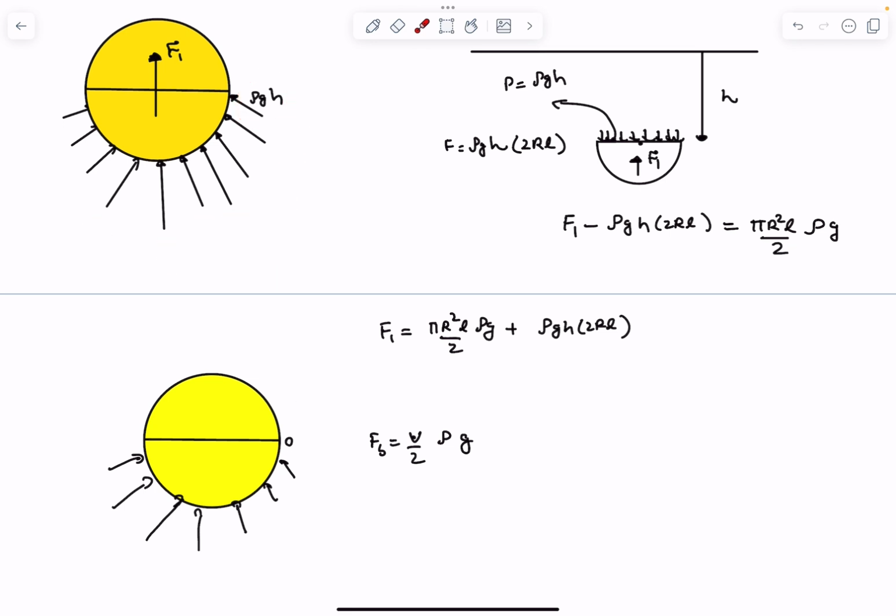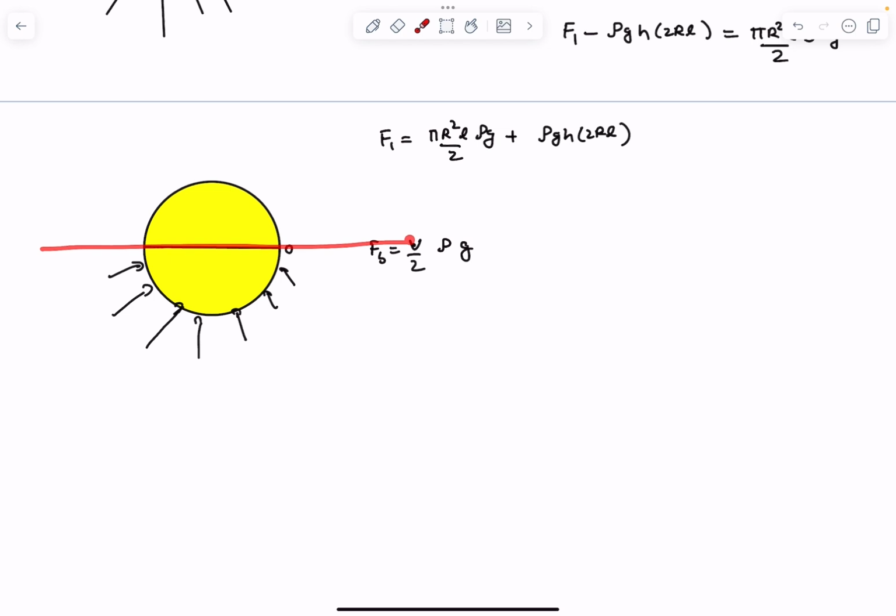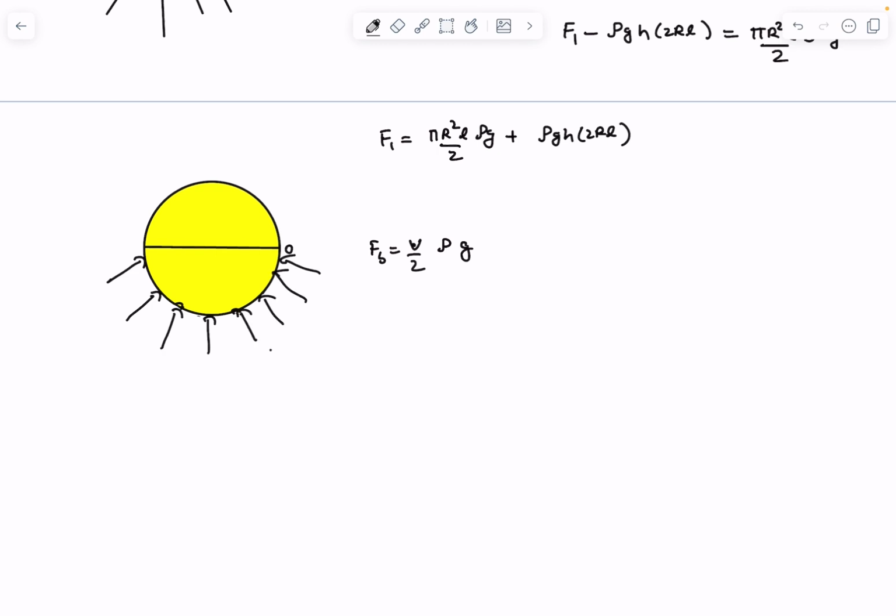So the pressure everywhere increases by an amount of rho g h. It's as if inside this fluid the pressure everywhere increased by rho g h. Now we can use the result for the uniform pressure case. We can forget about the original lines and assume that a uniform pressure of rho g h is acting everywhere.